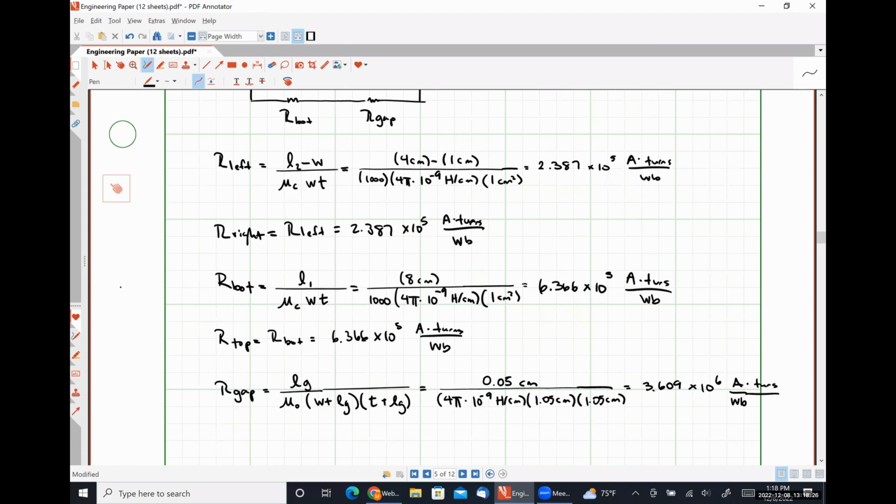If we had a very, very high permeability core, on the order of 50,000 or something like that, we would see that the air gap almost entirely dominates the reluctance of our system. To such a point that when we're dealing with very high permeability materials, the only reluctance that we actually need to keep track of is the reluctance of the air gaps, okay? You could treat the core material as if it had an infinite permeability and it really wouldn't mess up the math too terribly. So anyway.